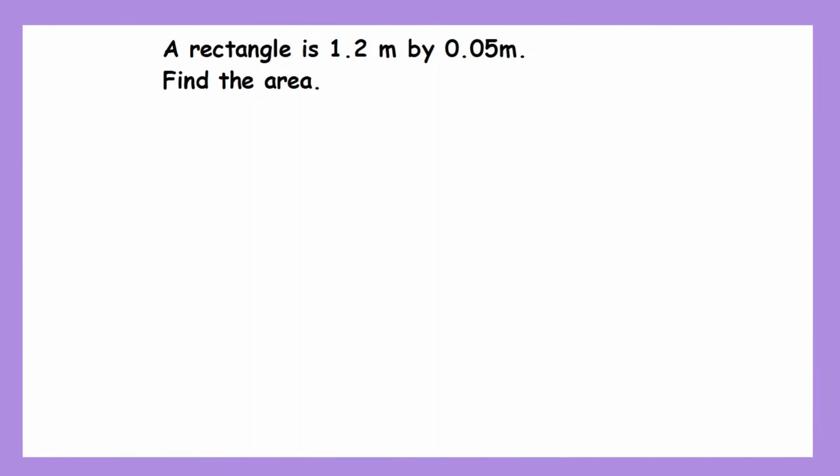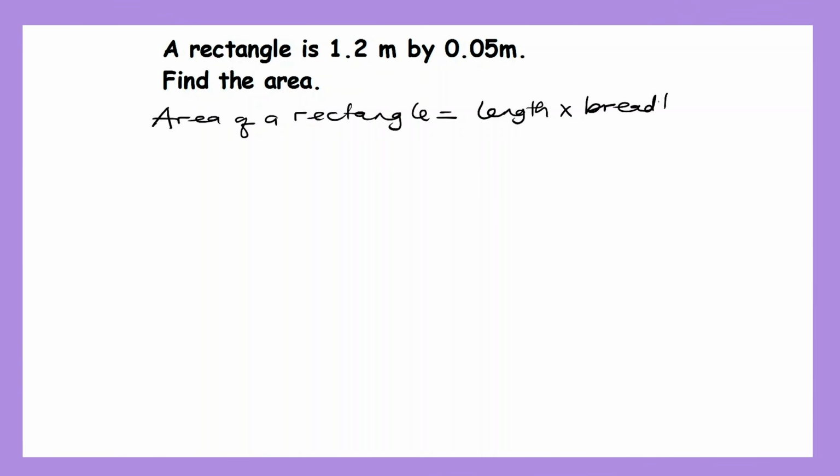We will continue by looking at another example. It says a rectangle is 1.2 meters by 0.05 meters. Find the area. Area of a rectangle equals length times breadth. Here the length, represented by L, is 1.2 meters and the breadth, represented by B, is 0.05 meters.